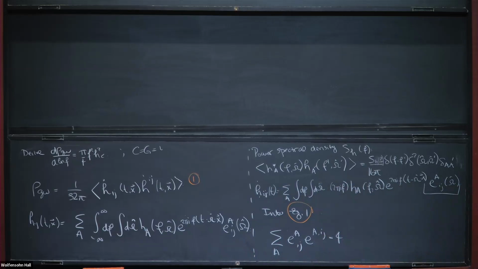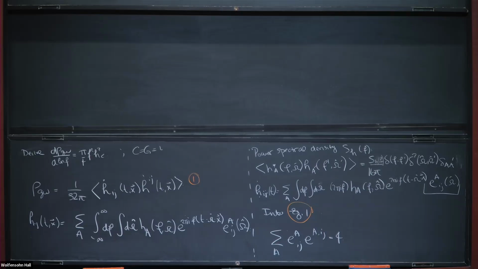And so the resulting energy density rho_GW is pi over 4 integral from 0 to infinity, in df, of f squared S_h of f.